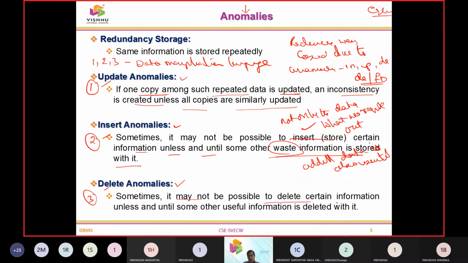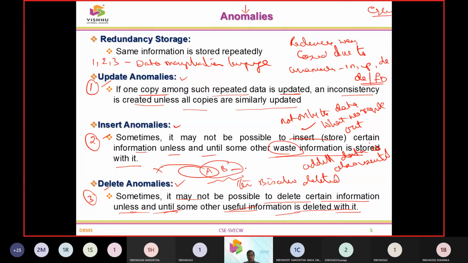It may not be possible to delete certain information unless some other useful information is deleted. So this is again tricky. Assume we have made an insert operation A, and there was a relationship with B. Now if I want to delete A, then B is also deleted.